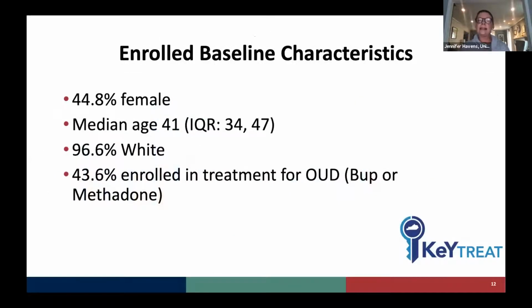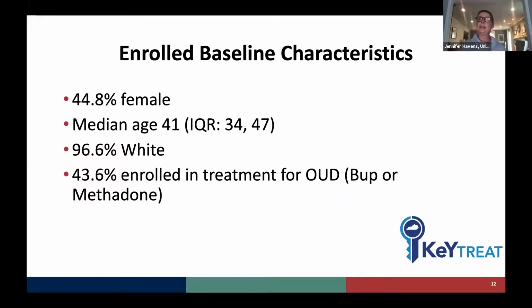Those who are enrolled are slightly less female, and the median age goes up just a little bit, consistent with the population of Appalachian Kentucky, about 96.6% white. And we haven't had a whole lot of uptake on the offer for the subsidized treatment. That's because almost half of the folks who enroll are actually already in a medication for opioid use disorder treatment program, which is fantastic.